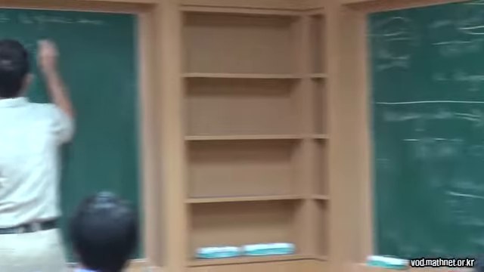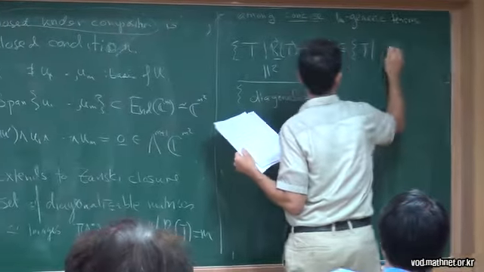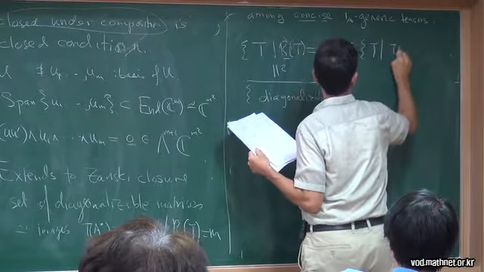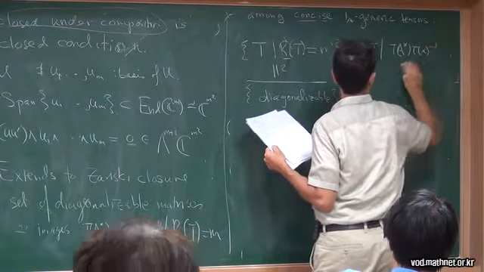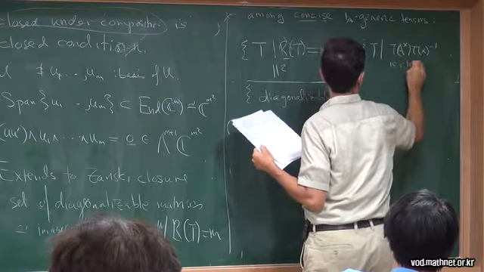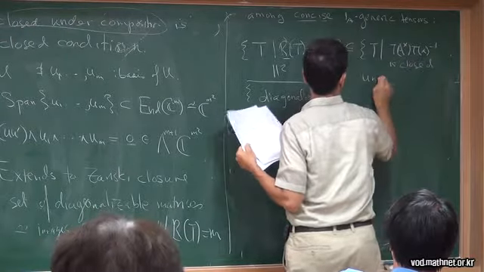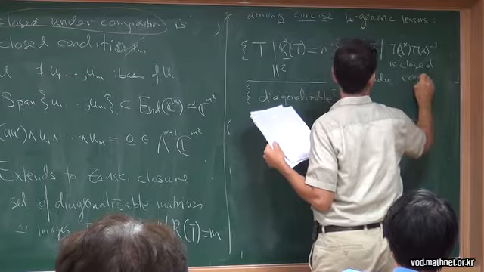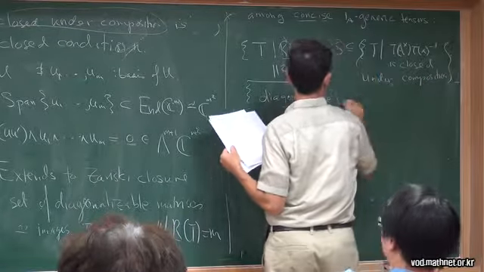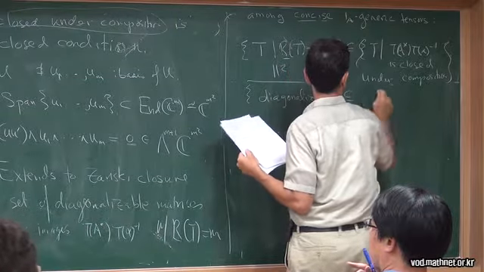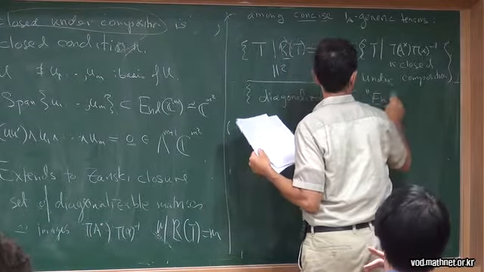And this is T such that T(A star) T(alpha) inverse is closed under composition. So maybe I'll call this end closed.